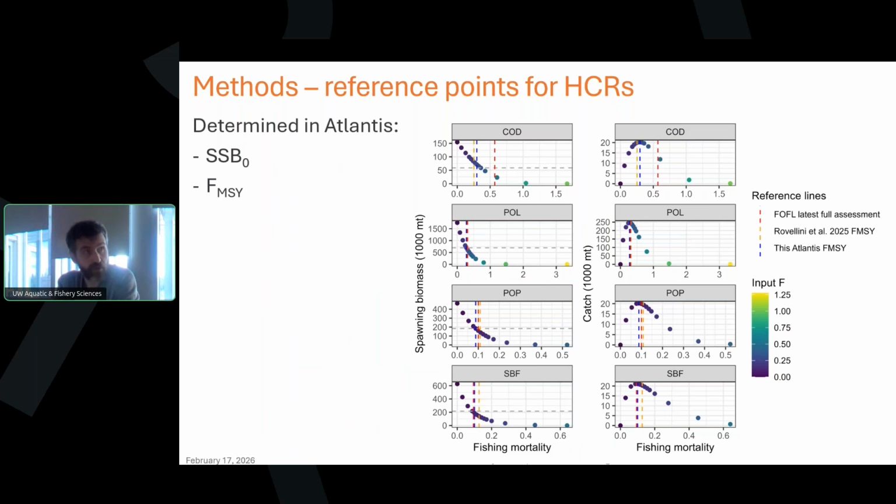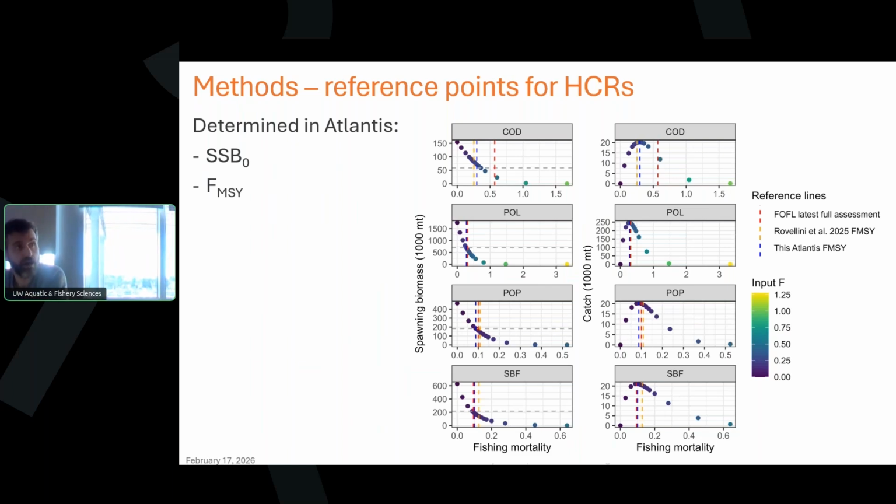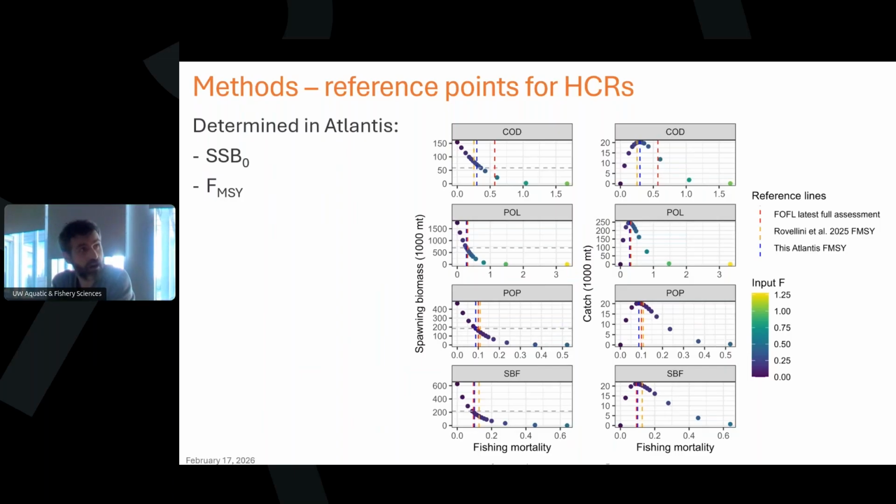That's about half what the assessment says for adult SSB. That's stuff that you solve by retuning the model iteratively, and that's something that we might try and address. We used to have the opposite problem. Cod used to be a little too high, and then we modified this model in a few different ways that I'm not going to go over today. And now we might have undercompensated a little bit.